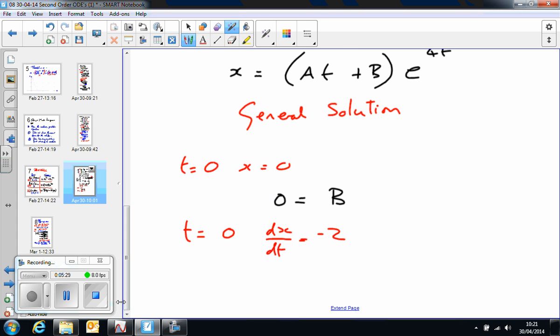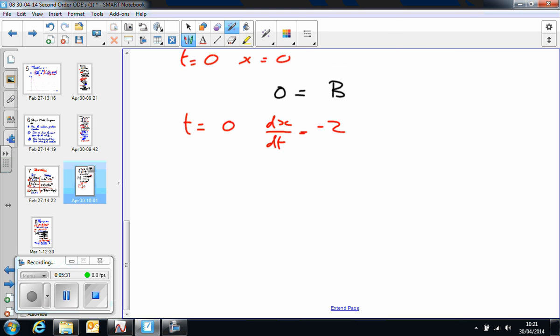So we've got that x equals at e to the 4t. Four e to the 4t?